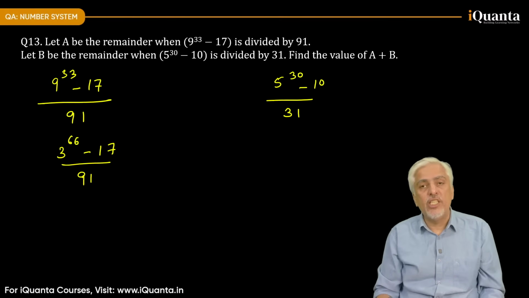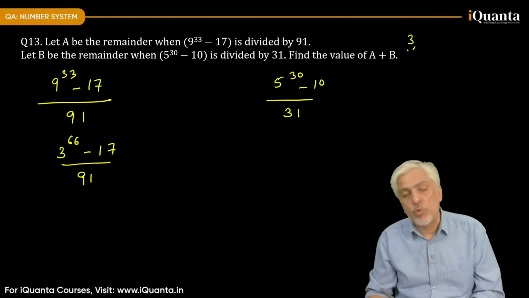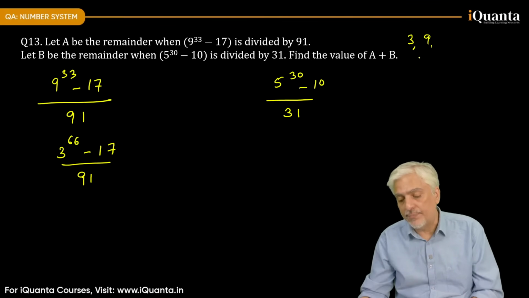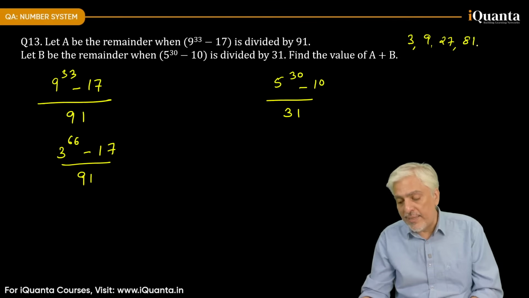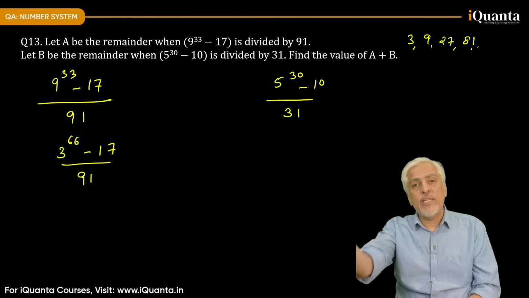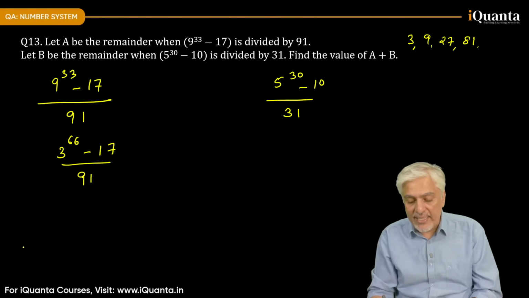Now, if you pay attention a little bit, you'll understand something. 3 divided by 91, remainder is 3. 9 divided by 91, remainder is 9. 27 divided by 91, remainder is 27. 81 divided by 91, remainder is 81. 81 3s are 243. 243 divided by 91 रफ वर्क में करके देखते हैं.